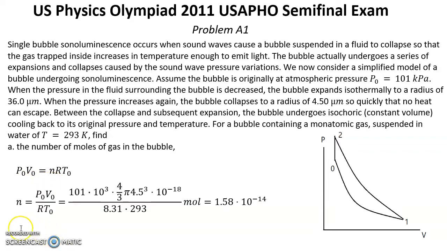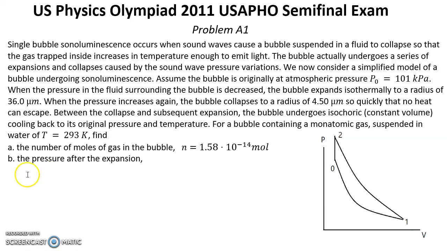Now we can find the number of moles. That will be, in point 0, pressure multiplied by volume divided by R times temperature T. So when we put numbers, we will get 1.58 multiplied by 10 power negative 14 moles. That was the answer for question A.